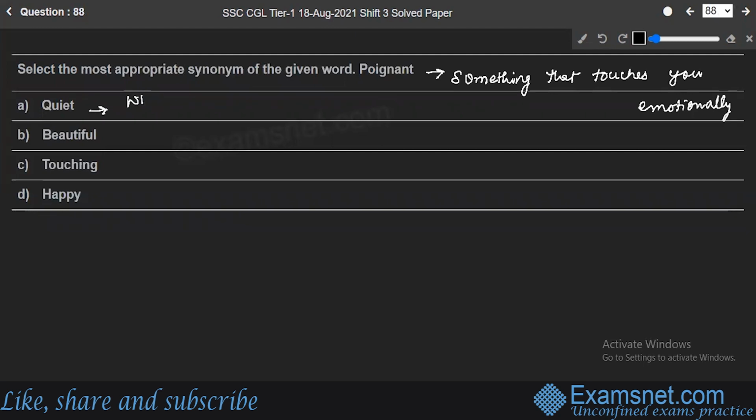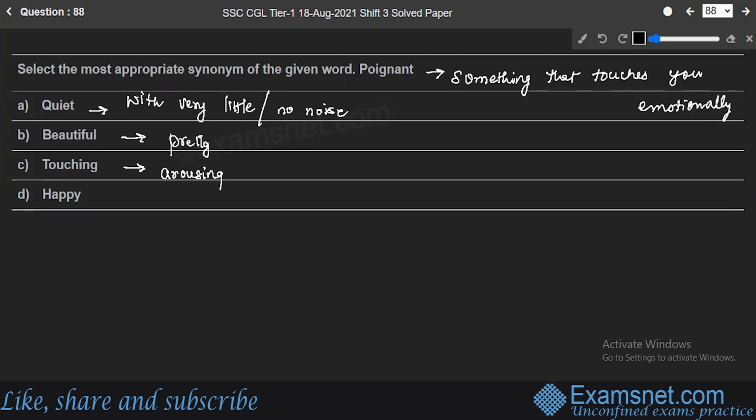Then quiet means with very little or no noise. Beautiful, I don't think I need to make you understand this word. It means pretty.